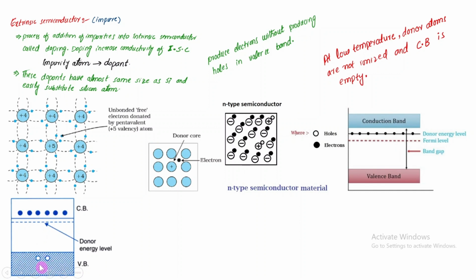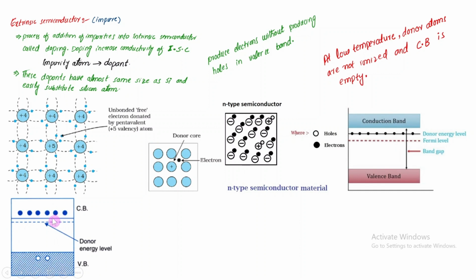Okay, so here consider these two electrons have taken enough energy from the external heat and have jumped to the conduction band from the valence band. Here we have this electron in excess, because in this level we have a large number of electrons, and all these electrons have shifted towards the conduction band.